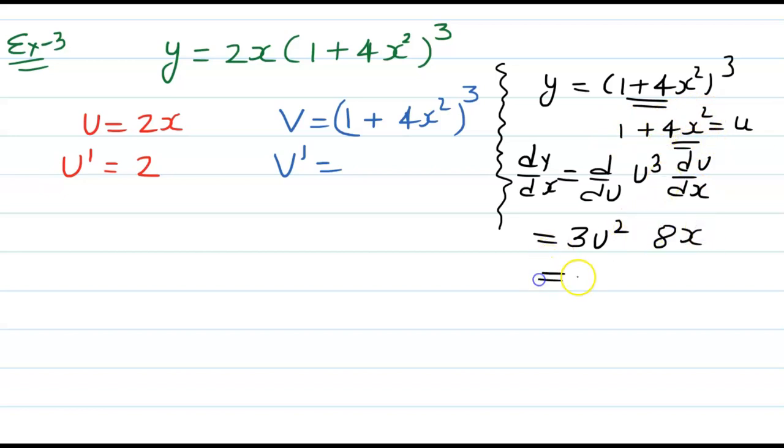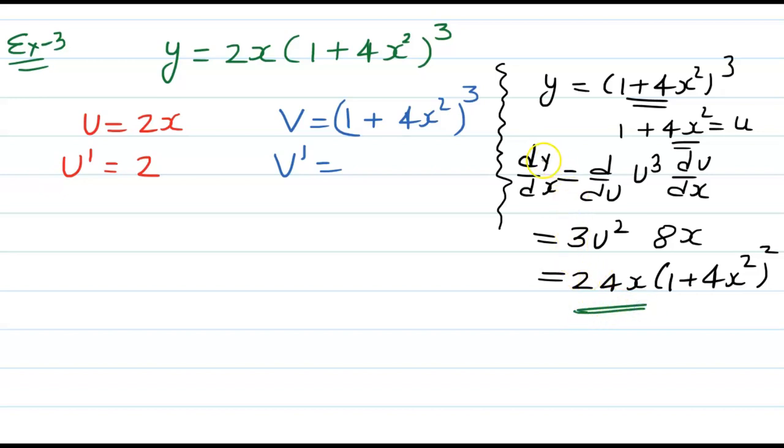So 8 times 3 is 24x, and put the value of u back, so it will be 1 plus 4x squared, to the power 2, right? So let's write it down. This is our chain rule.